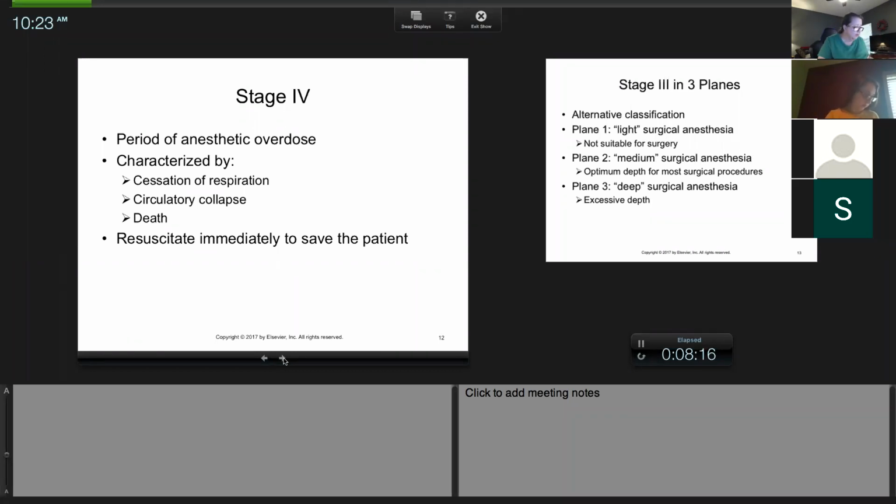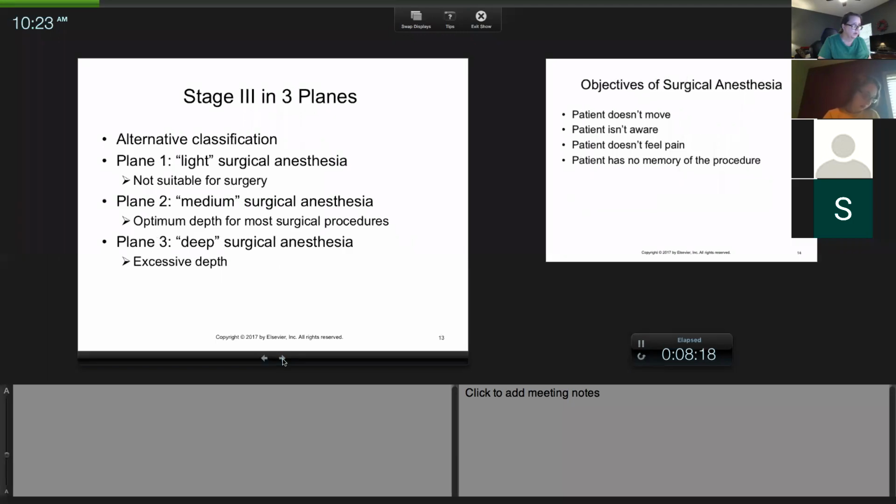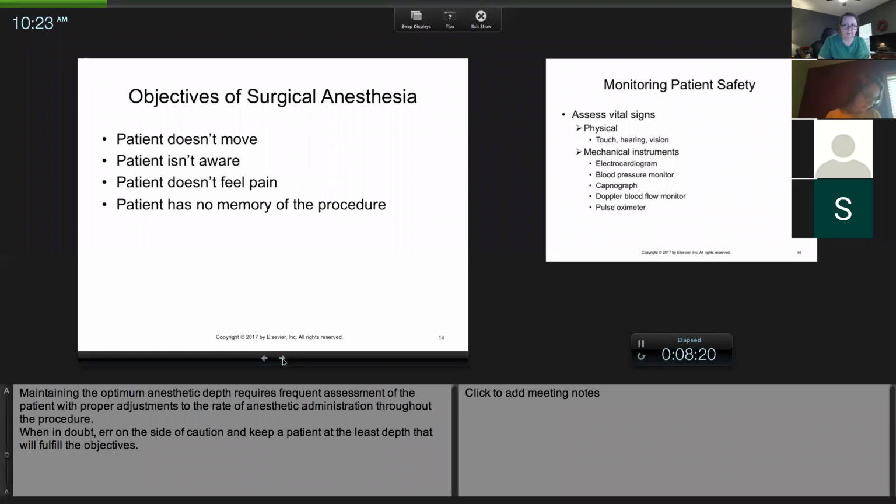So hopefully, I know I spent a lot of time talking about this, but for number 3, surgical anesthesia, the job of surgical anesthesia is: not moving, they're not aware, they don't feel pain. The only thing that's weird is this statement, no memory of the procedure. But think about a dog that comes in, has memory of surgery, and then it's time to come to the vet again, and they're reluctant or fearful.